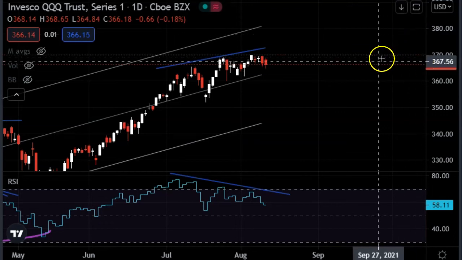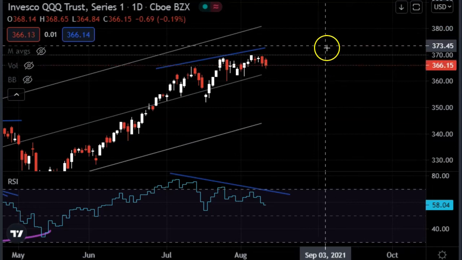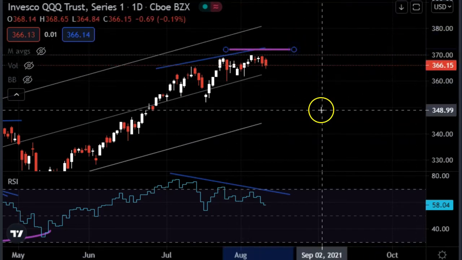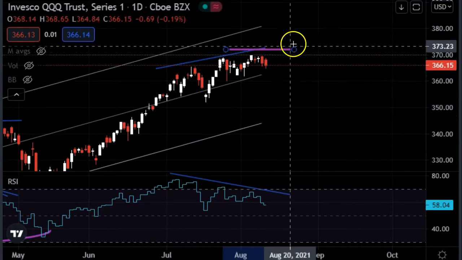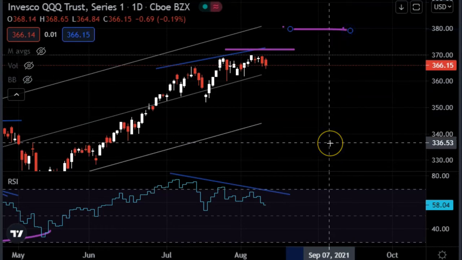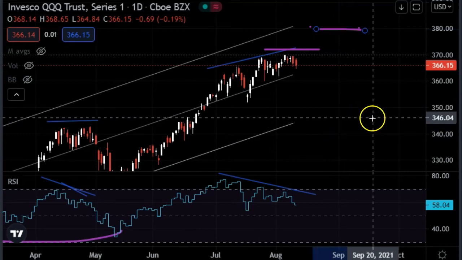So if I was selling the call spread, I would be selling that 370 strike right around there, and then buying the 380. And that would create a $10 spread, and I might collect $5 or $6 on it. And I would try to put it out three months or so.